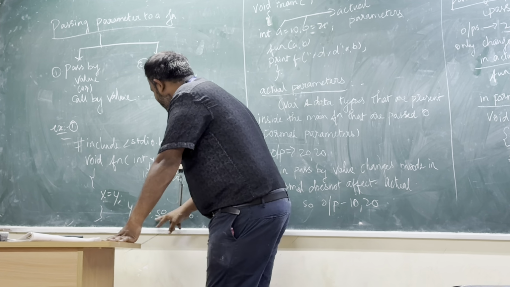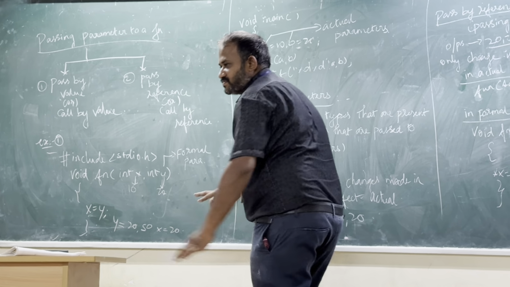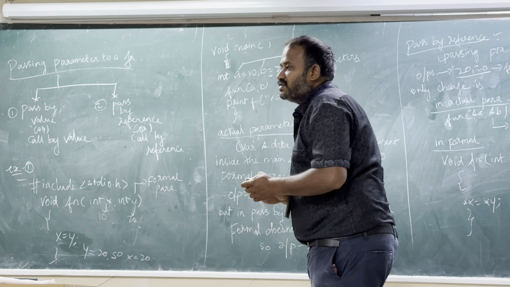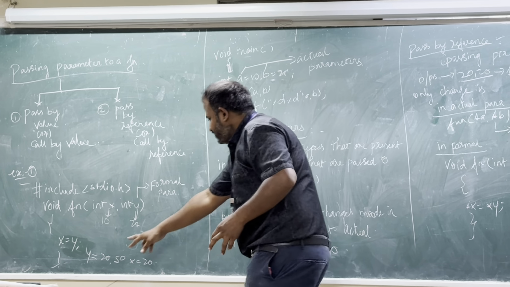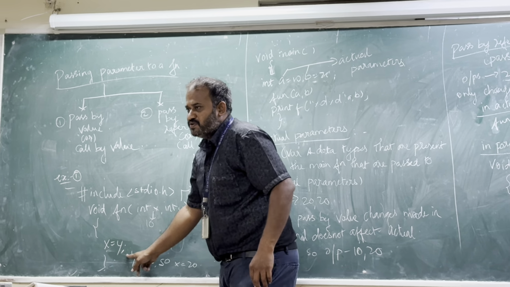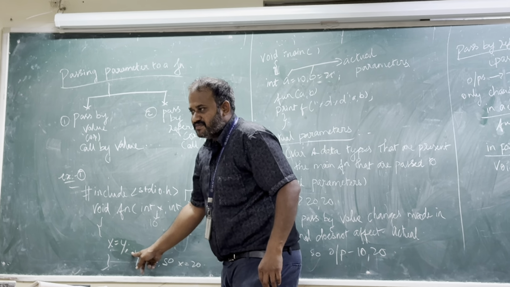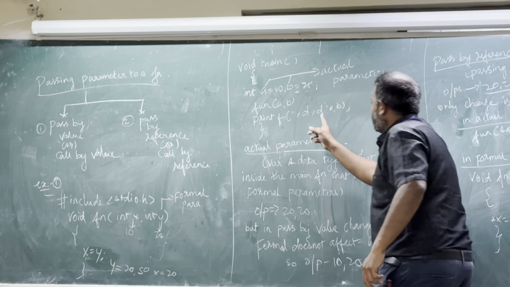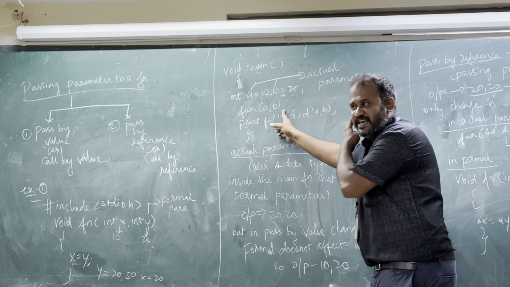And what will your output be? After defining this function, your output should be 20, correct? So our output should be a, b.